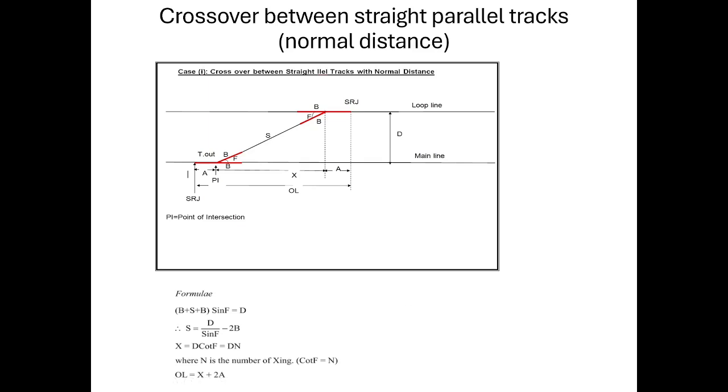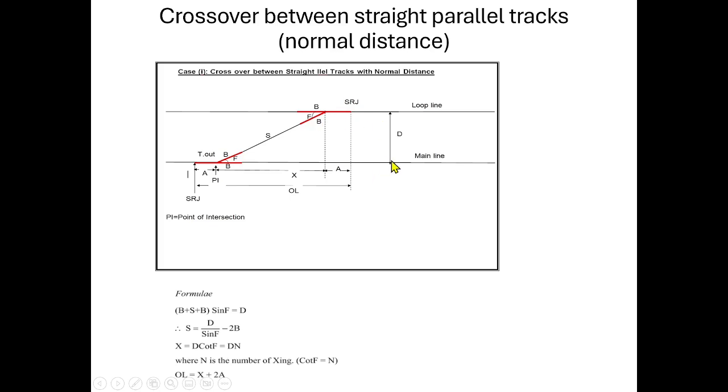This is a crossover between straight parallel tracks at a normal distance. This type of connection we have already discussed in the beginning itself. I explained it for understanding purposes about the layout. So this is a crossover between straight parallel tracks with a normal distance.